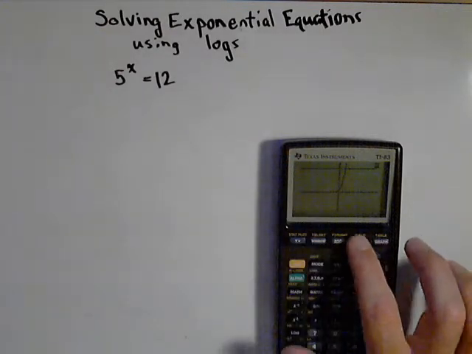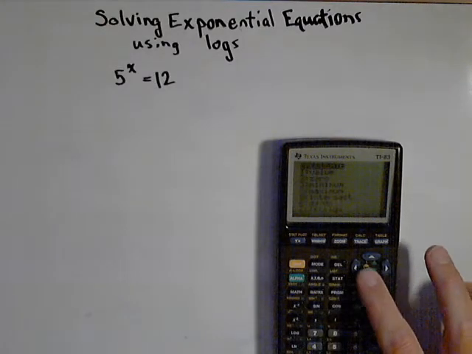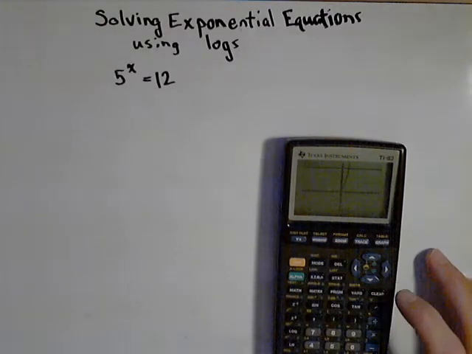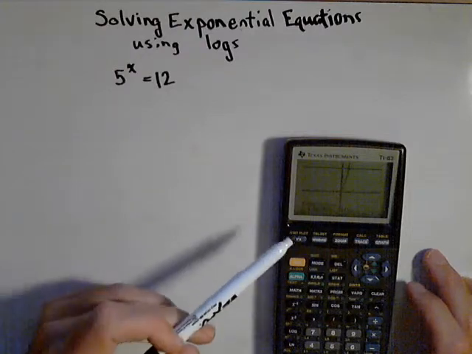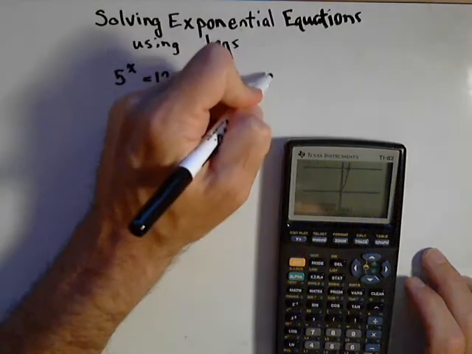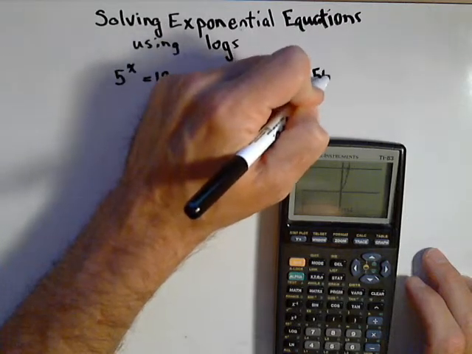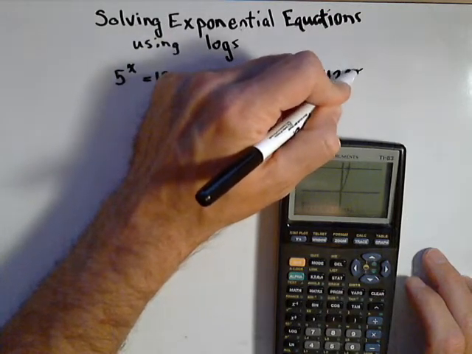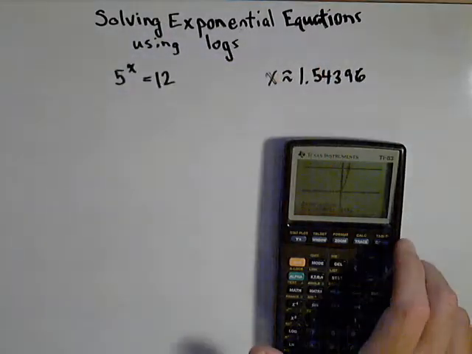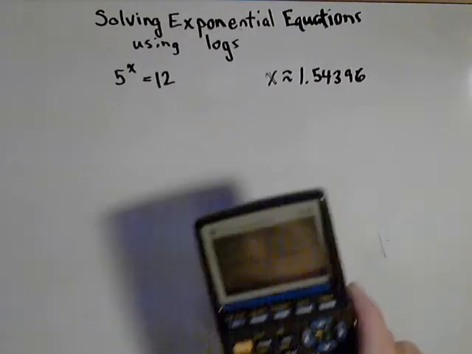So I would just do second, calculate, intersect, and then enter, enter, enter, and I get a solution of about, let's record this, 1.54396.